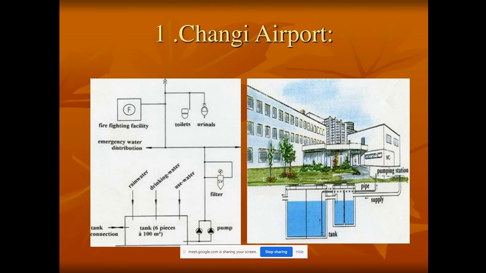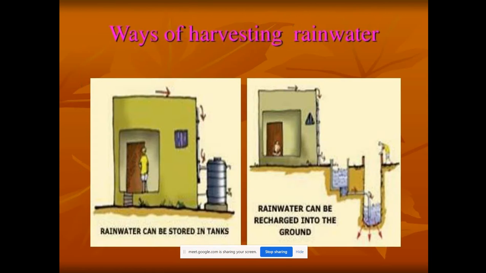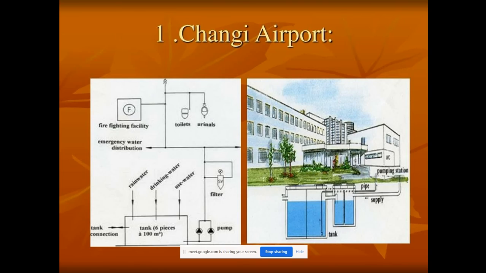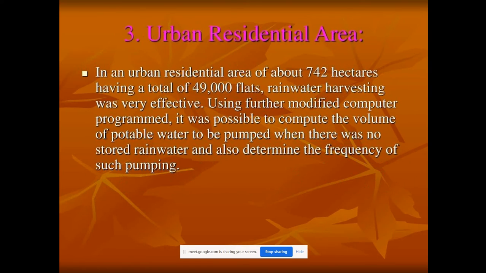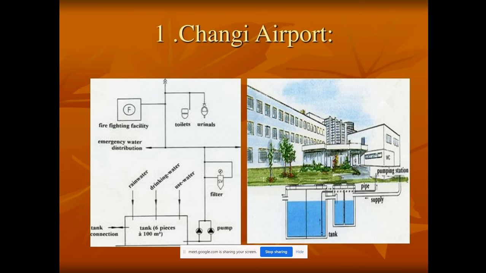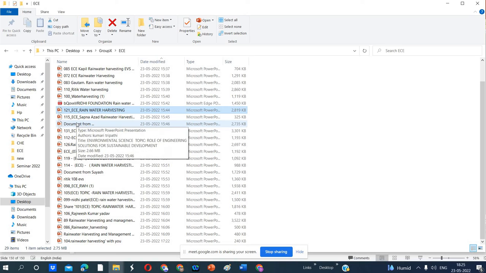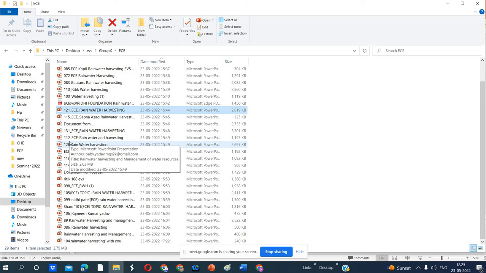Hello, can you explain this? Shivam, yes ma'am. Can you explain this figure? Chenji airport. What are you doing? Okay, 115 has been done. 131 हो गया. Okay, who is next?